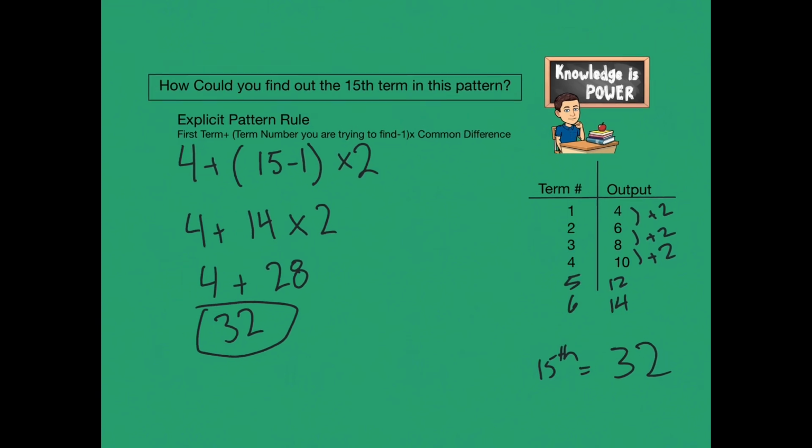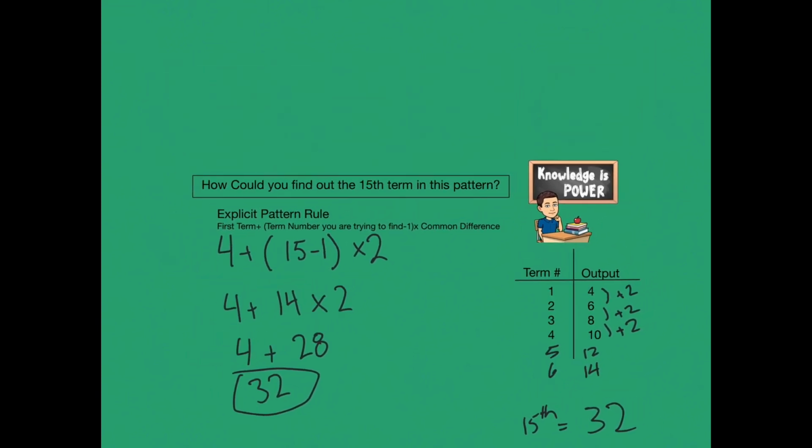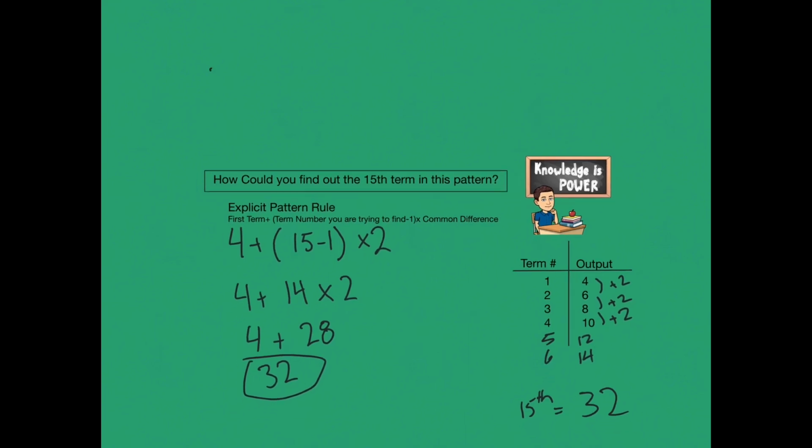If we wanted to find out what the 20th term in this pattern is, we can do the same thing. We just have to change our formula. So the first term in our pattern is still 4. And then we're going to add our brackets. We're trying to figure out the 20th term, subtract 1, which is our first term, and we're going to multiply it by 2, which is our common difference.